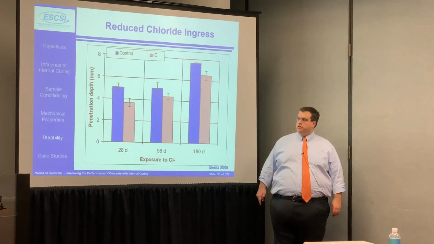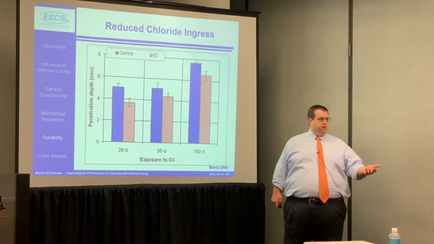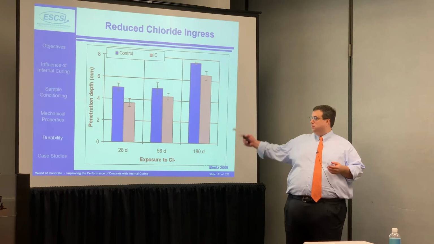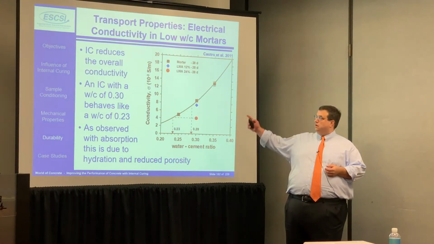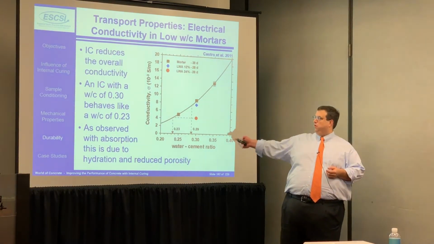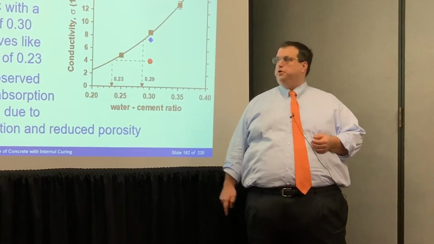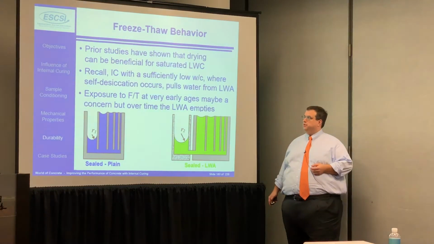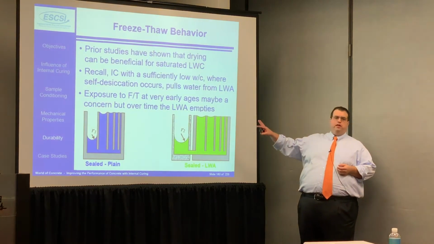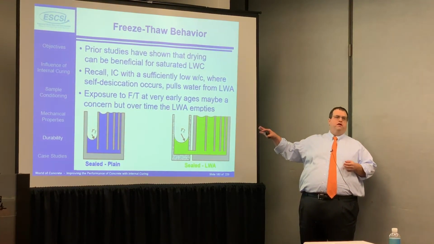Right? What we see with internal curing, less penetration of the chloride ions in the system. This is some data from NIST. This is some of our calculations, not surprising. 0.3 concrete behaves like a 0.23 concrete if we measure electrical properties. All right? I will show you a plot later that gets into service life that I think will be much more telling.